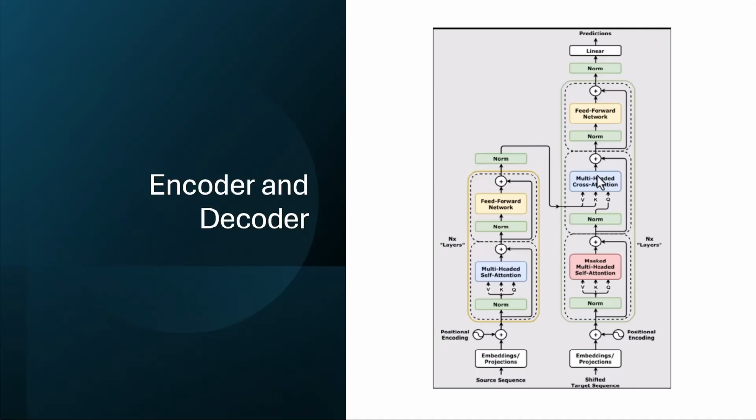Now, looking into transformer architecture, we can see that it consists of two main components, the encoder and the decoder. The encoder takes the input sentence and generates contextual embeddings for each token. It aims to understand the context of each word by considering the surrounding words. The decoder takes the contextual embeddings from the encoder and predicts the next word in the sequence.